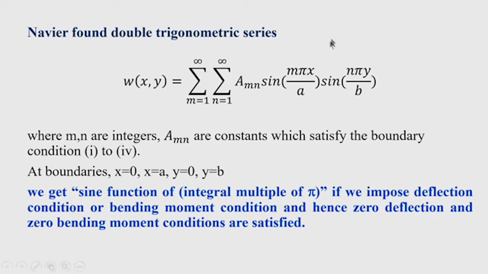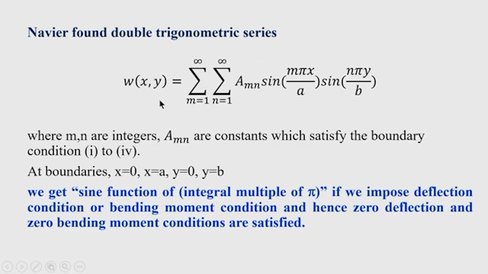So, if you put x is equal to 0 here, deflection becomes 0. If you put x is equal to a, then sin m pi, for any integral value of m, will be 0. So, the deflection condition is satisfied, and to satisfy the bending moment condition, you differentiate this expression 2 times with respect to x as well as with respect to y.